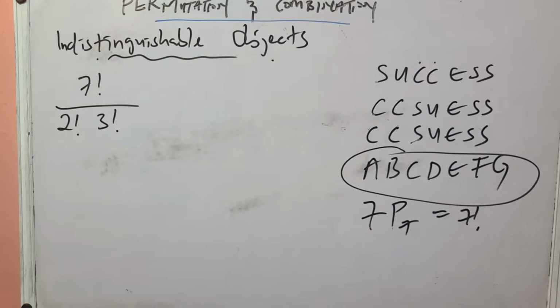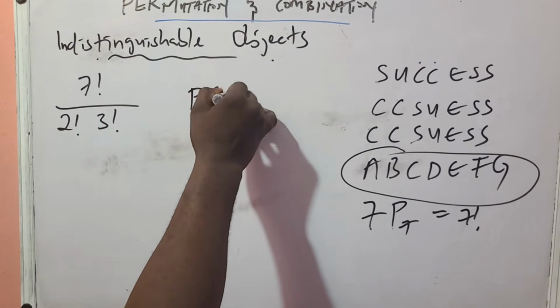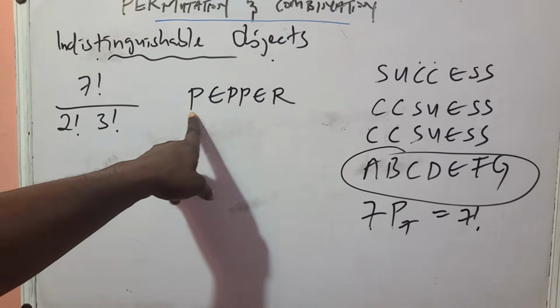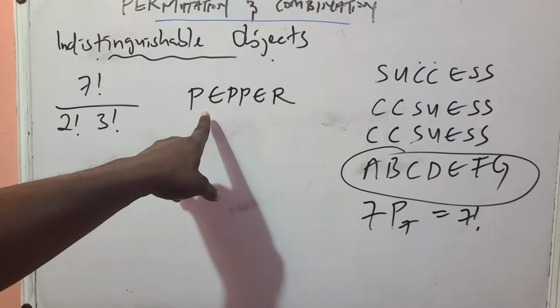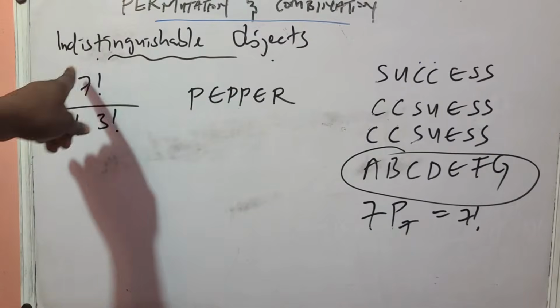Now look at something. I'm going to give you another example. Let's look at the word pepper. Now, when you see examples of situations like this, where we have elements or objects that are the same being repeated, that's what we call indistinguishable.